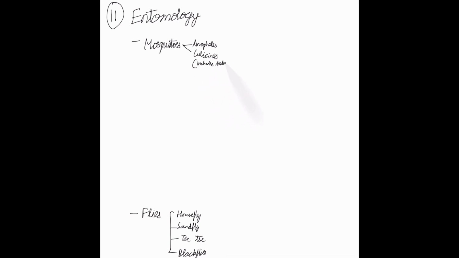So mosquitoes can be broadly classified into Anopheles and Culicines, which includes Aedes and Mansonia. Before that, we talk about the transmission of insect-borne diseases by direct contact, mechanical and biological transmission.